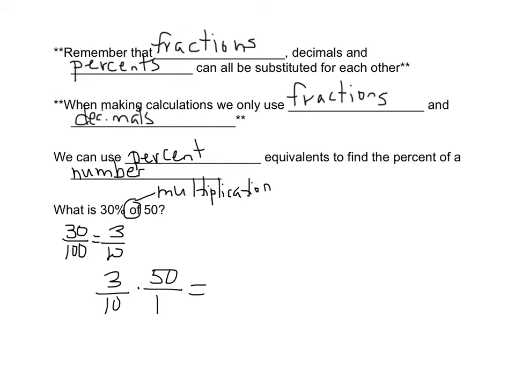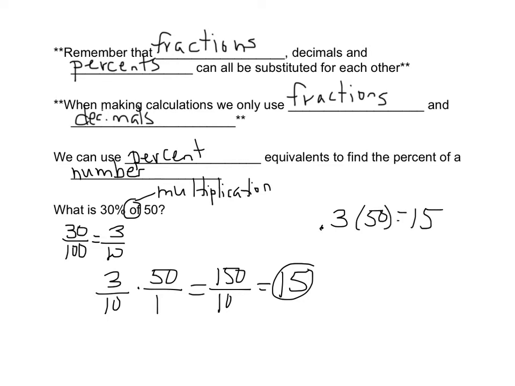I can either reduce before I go, or I can multiply straight across. 3 times 50 would be 150, 10 times 1 is 10. 150 divided by 10 is just going to give us an answer of 15. If I wanted to use a calculator, I could change my 30% to the 0.3, multiply that by 50, and you would still get an answer of 15.